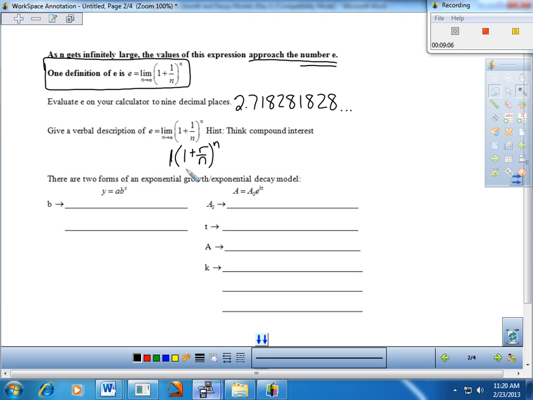And what we just did here as well is we let n get infinitely large, and we saw those values level off. Well, a long story short here, this is what I have on my paper, and I think it's a pretty good definition. It is the limit of the effective rate.